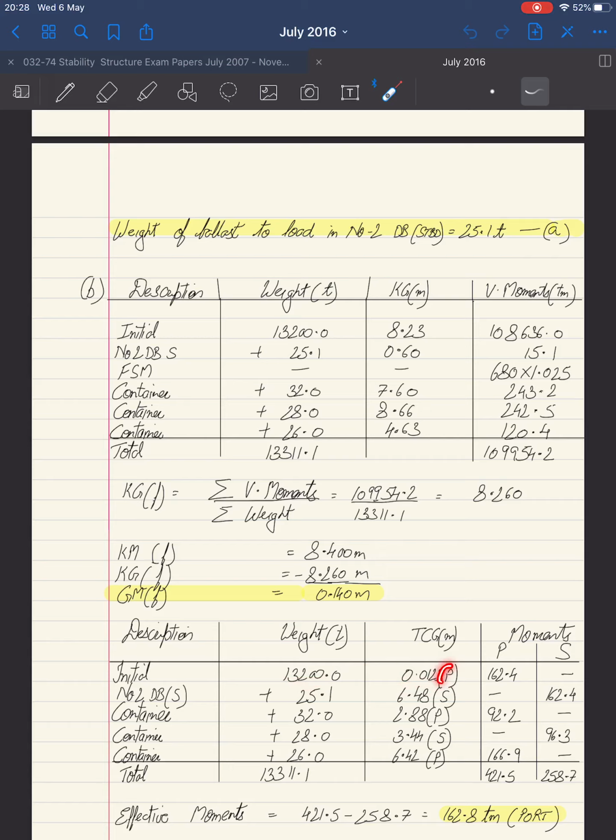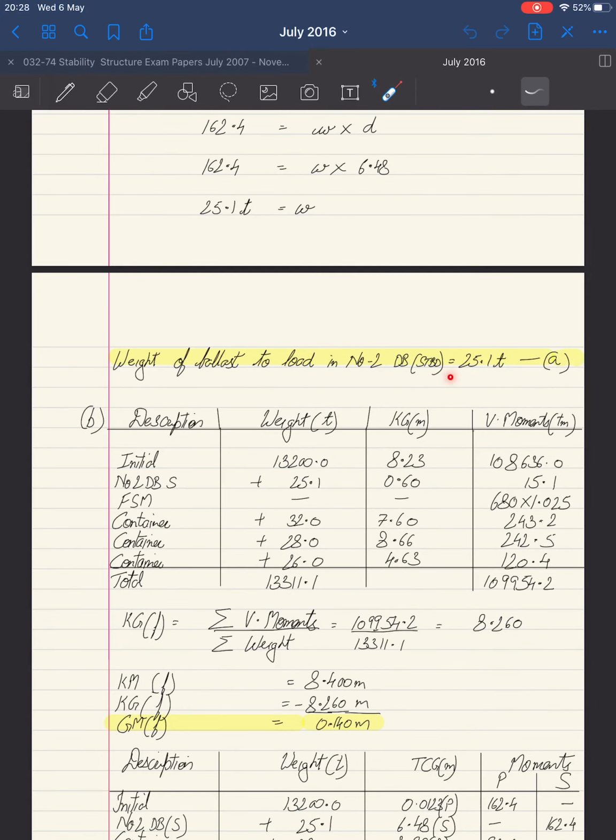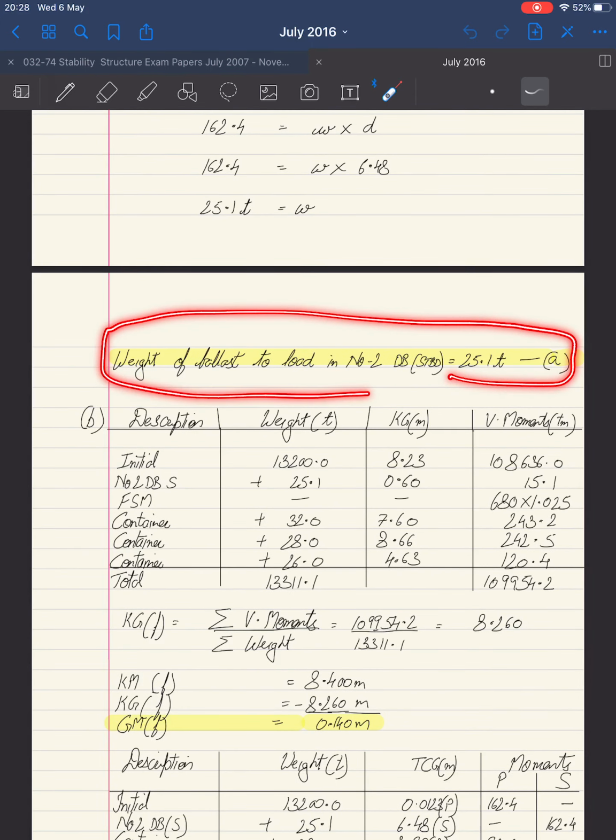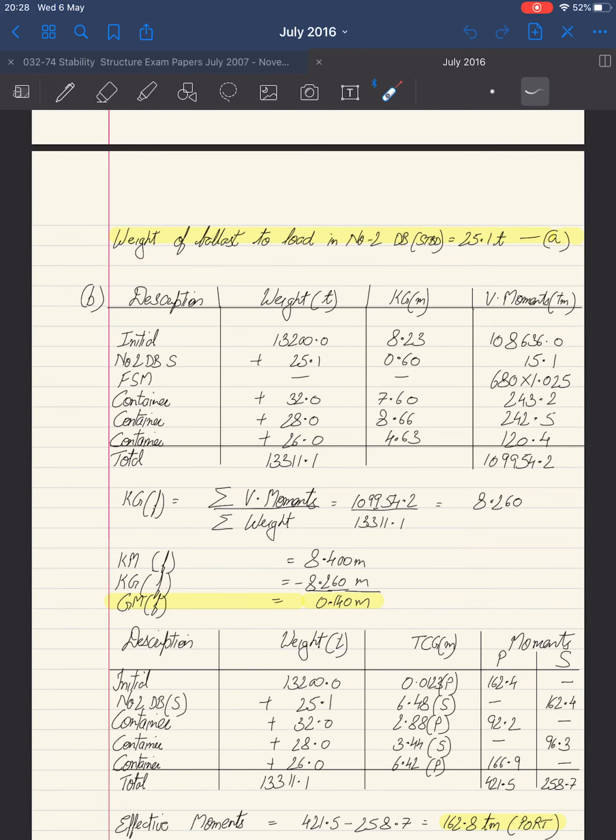Since the TCG was port, we have to put the moments in port. Now, number 2 DB starboard tank was loaded with 25.1 tons, which we have got the value from this part. And the TCG of the number 2 DB starboard tank has been obtained from the hydrostatic data as 6.48 meters towards starboard. So this associated free surface moment, its associated horizontal moments, we'll write it as 162.4.